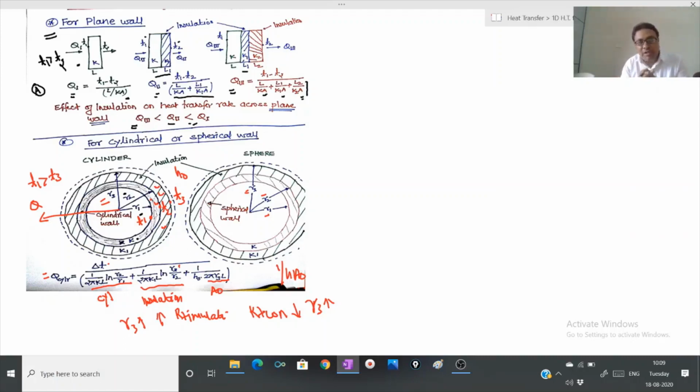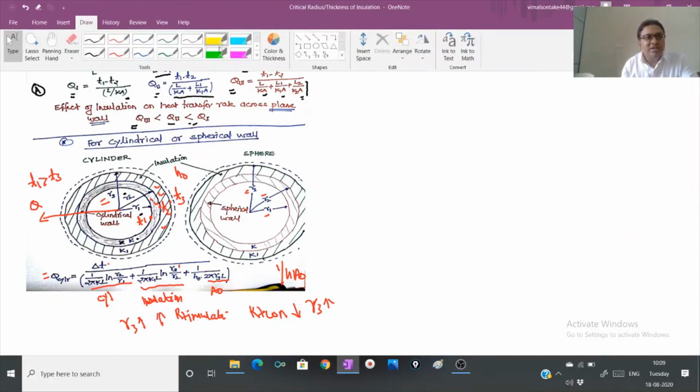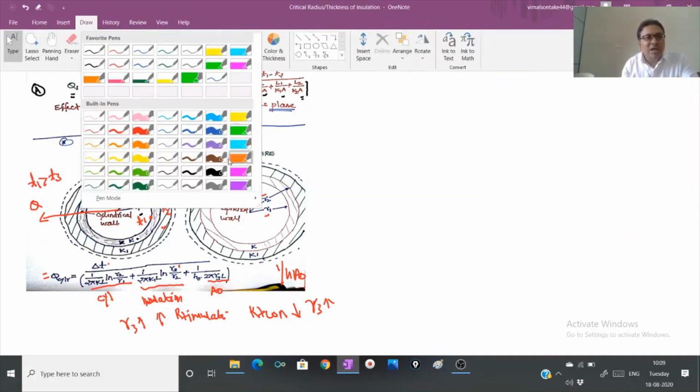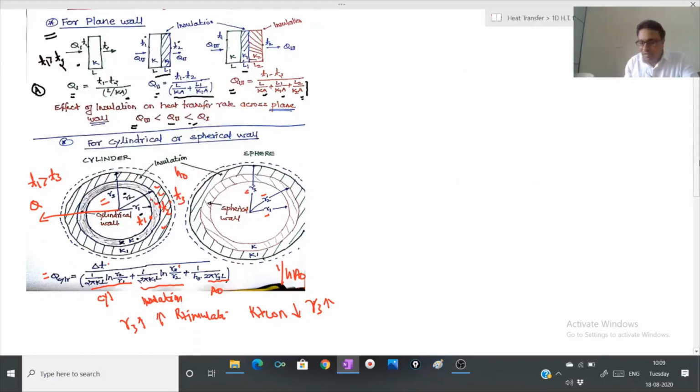So, unlike in the case of a plain wall, I cannot say that providing insulating material or increasing its thickness over a cylinder or sphere will simply decrease the heat transfer rate. From this comes the concept of critical radius of insulation for either a cylindrical wall or a spherical wall.